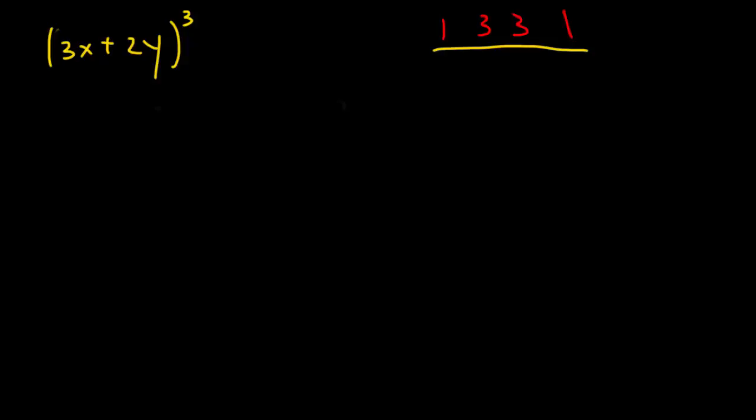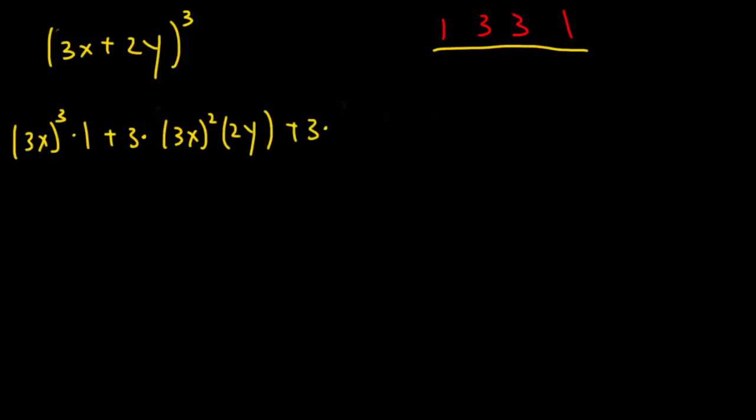Okay, so that would be 3x cubed multiplied by 1, plus 3 multiplied by 3x squared multiplied by 2y, plus 3 multiplied by 3x, and then 2y squared, plus 2y cubed.